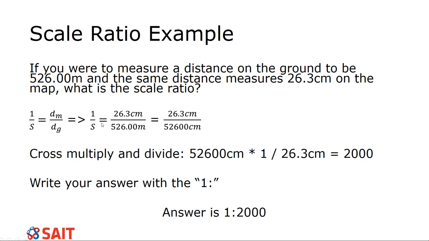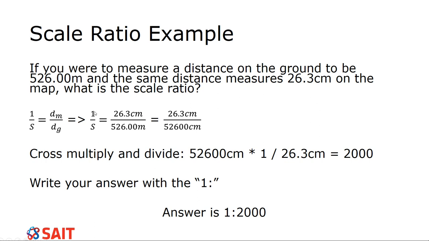That becomes 1 over s equals 26.3 centimeters divided by 526 meters. I have to make sure that my units are the same because I'm dealing with a unitless ratio. So I convert the denominator into centimeters. So I have 26.3 centimeters divided by 52,600 centimeters. Then I'm going to cross multiply and divide.